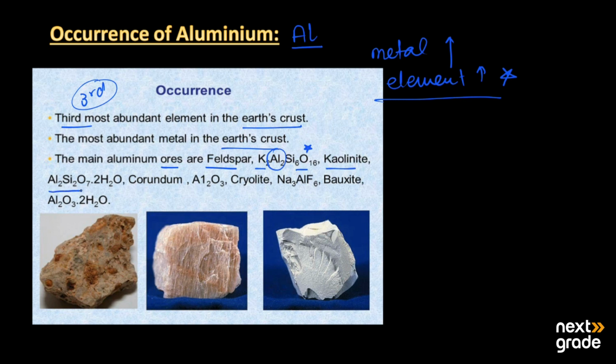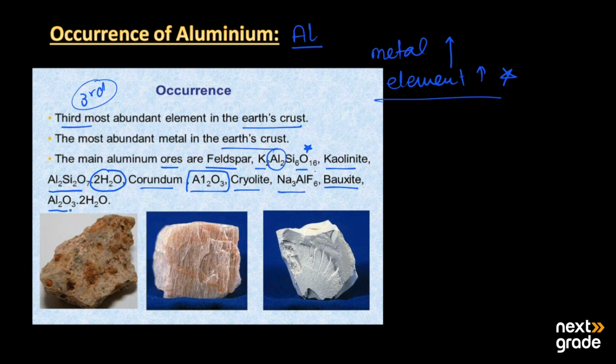It's mainly aluminium silicate, Al2Si2O7, and it also has water of crystallization. Then we have corundum. It's Al2O3, simple aluminium oxide. Then we have cryolite. Its formula is Na3. It's basically sodium aluminate feldspar. Then we have bauxite.